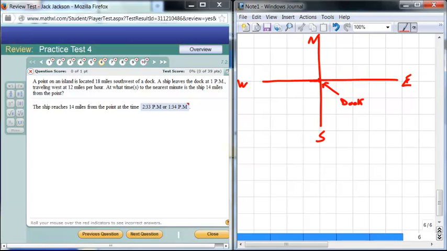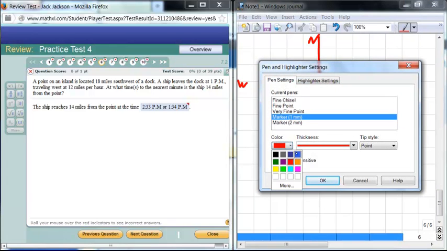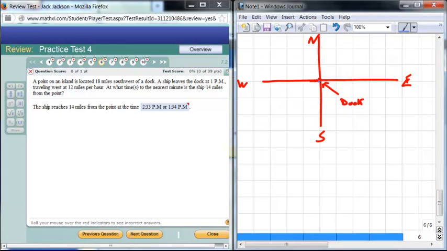Okay, and so our first guy here, we'll make it blue, is going here to the west. And he's going 12 miles per hour times t hours will be that length.